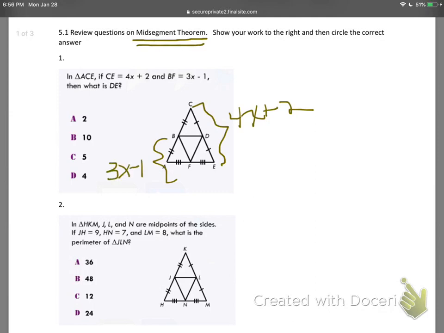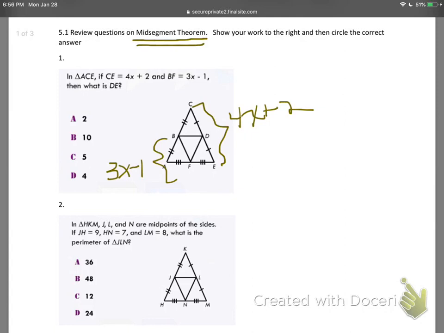Now I put this question on because this was an often missed type of question on the 5.1 quiz. So what you need to remember is that the smaller piece, BF, if you multiply that by 2, you will then get the bigger piece.